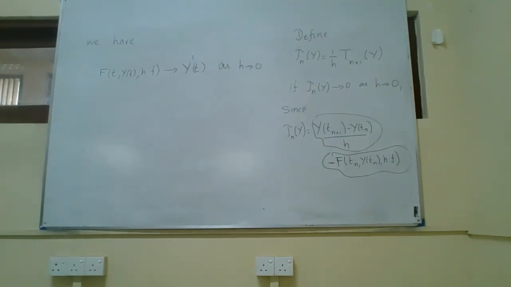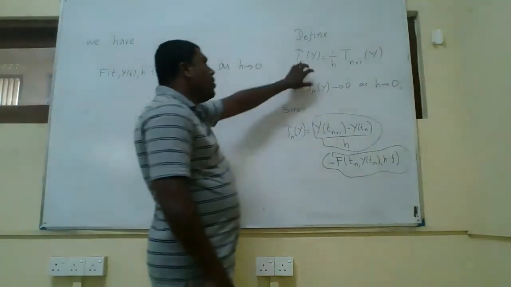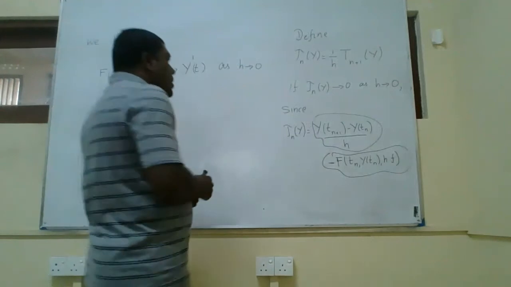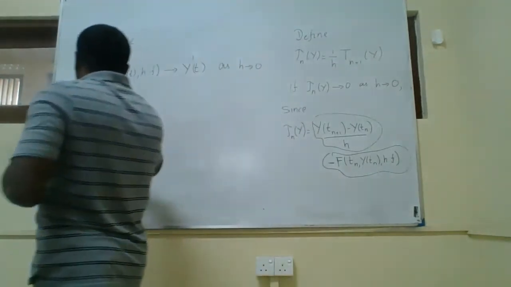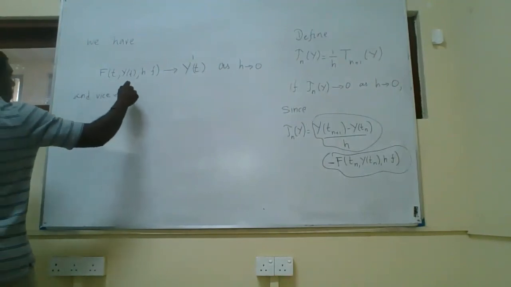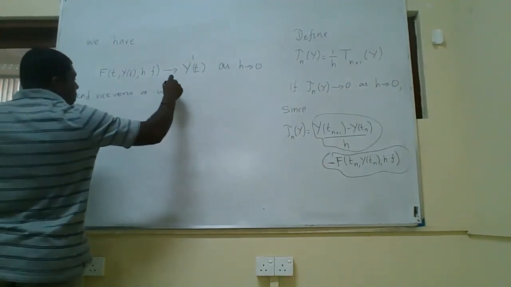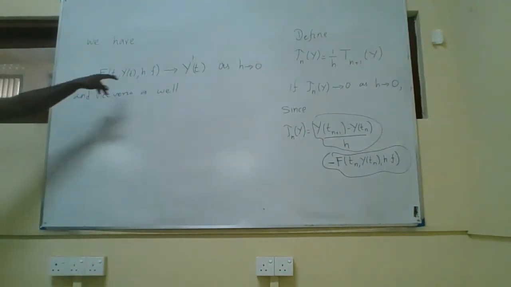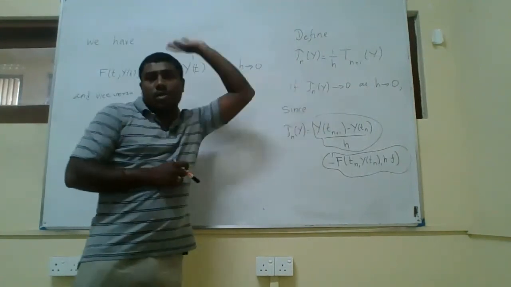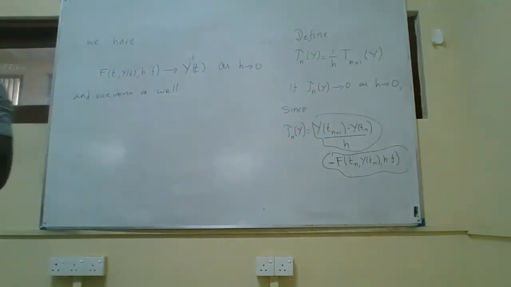So basically, you know that if the truncation error you define here converges, then this one is true, and vice versa as well, right? If this goes to this, then this goes to this, so this goes to 0. So vice versa is also true.